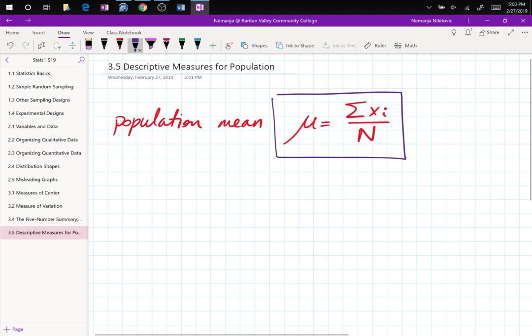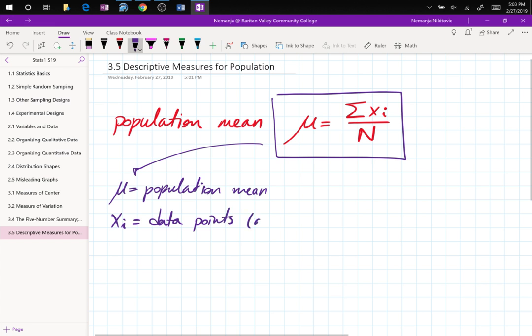To put this formula in words, mu is population mean, xi are data points, all of them, and capital N is the number of data points.